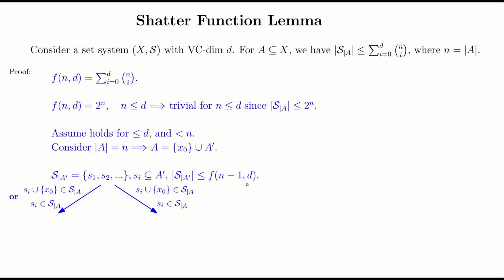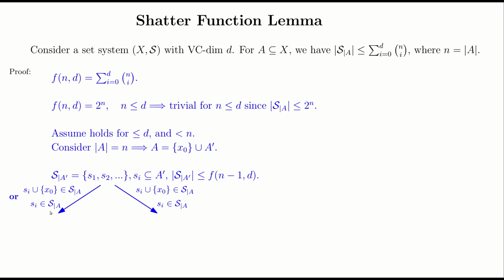Now let's count the number of points in the restriction of S onto A. Every subset that is inside the restriction of S onto A must satisfy one of these two conditions. Either it's been obtained from some subset in the restriction of S onto A prime, or it was obtained from some subset in this restriction of S onto A prime by adding x0.